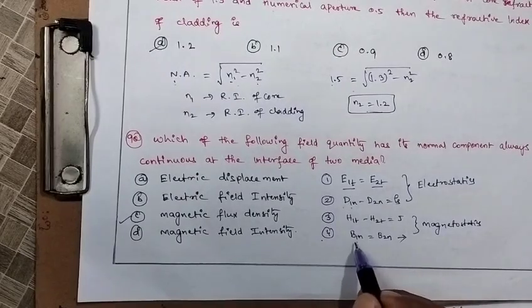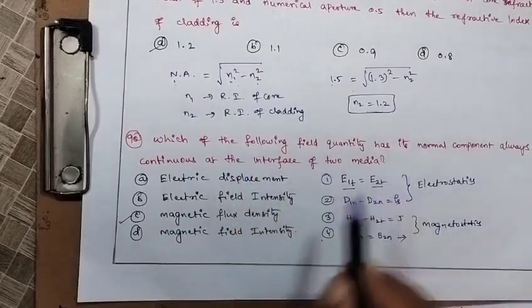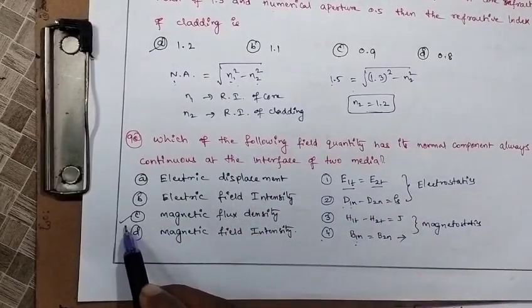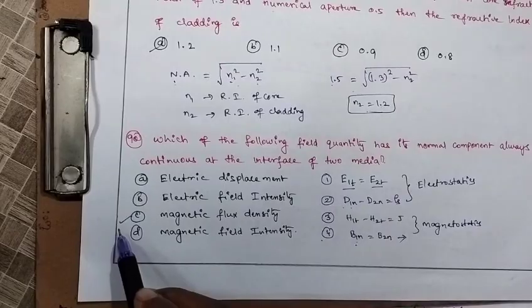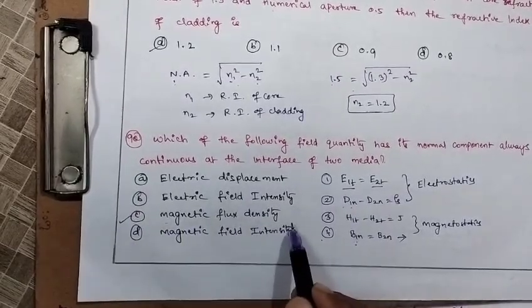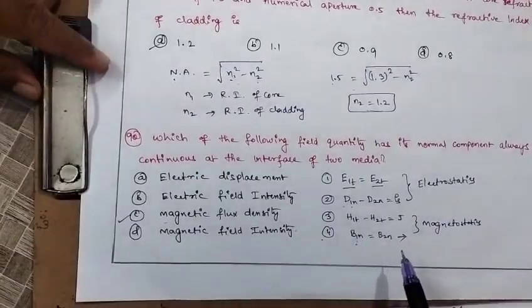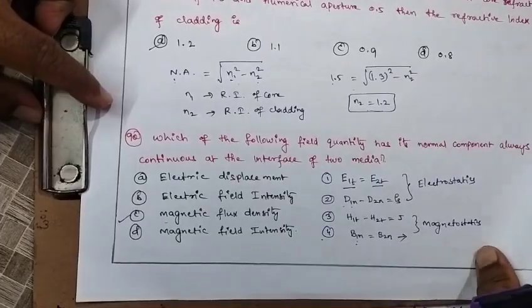That means the normal component of magnetic flux density is continuous at the interface. So according to the question, which field component has its normal component always continuous at the interface? Magnetic flux density is the component having its normal component always continuous at the interface. Next question.